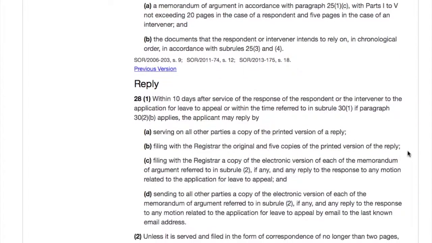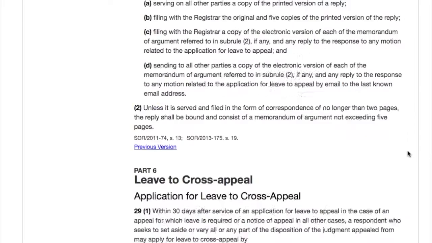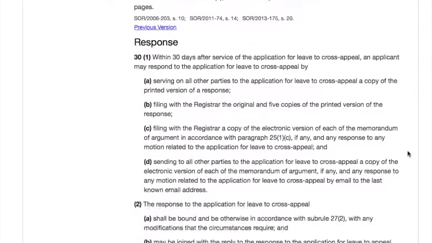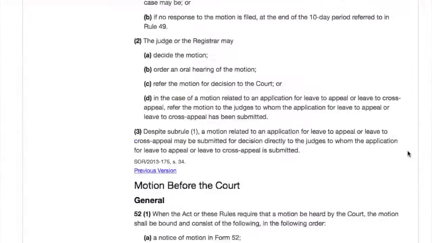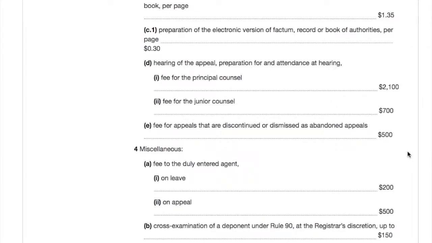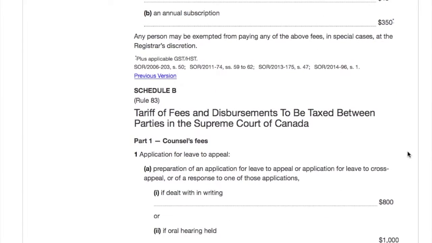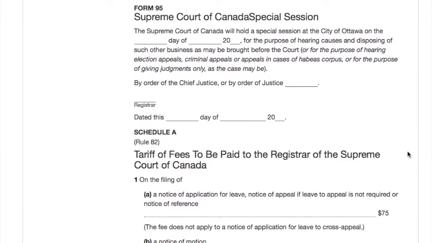One set goes to the Attorney General of Canada. One goes to the Attorney General of Ontario. Six are now going to the court. So that is 9 copies right off the bat, 63 pages each.